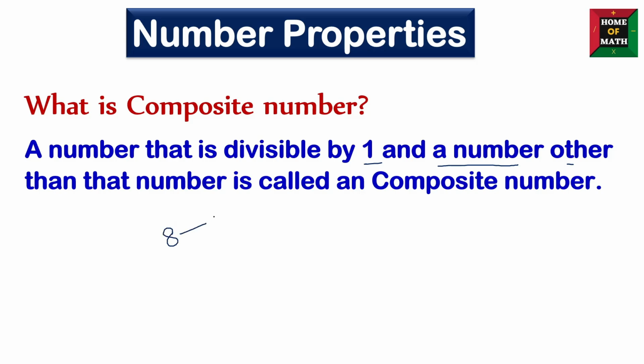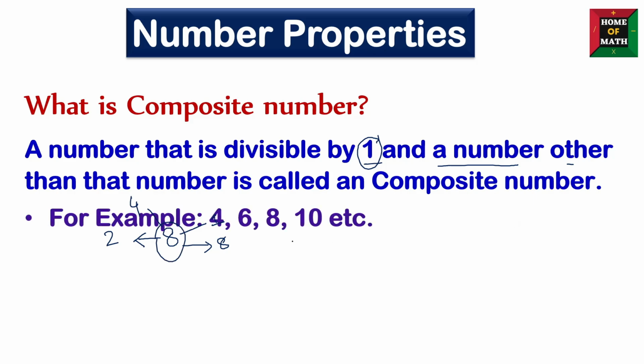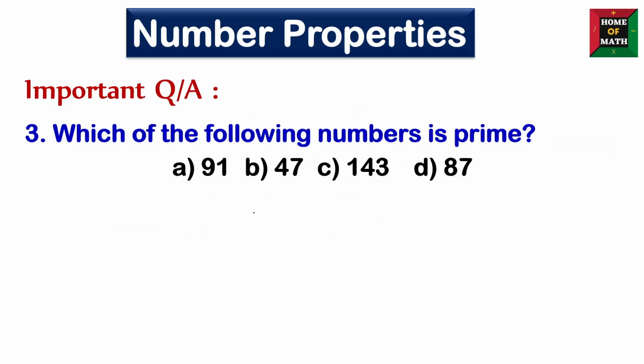We can divide by 1, we can divide by that number, 8, and we can also divide 8 by 2 and 4. So 8 is a composite number. For example, 4, 6, 8, 10, etc.